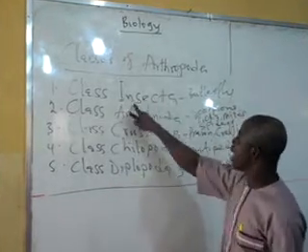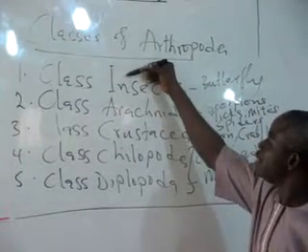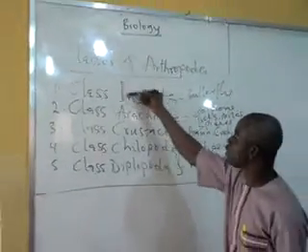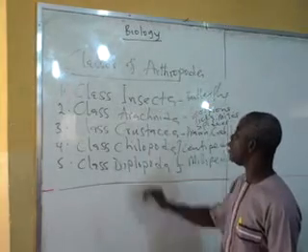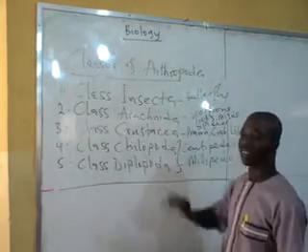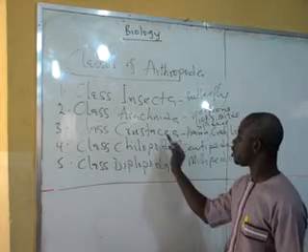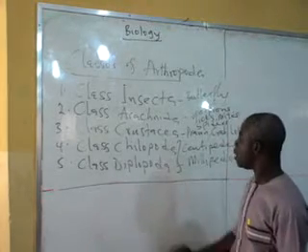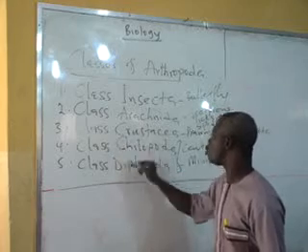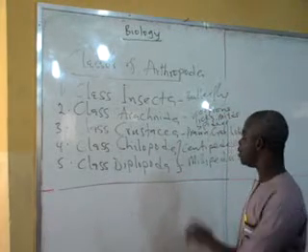Then, when you are writing the classes, the letters of the classes must begin with a capital letter. For example, in Insecta, the first letter must be capital. In Arachnida, the first letter must be capital. In Crustacea, the first letter must be capital. And while you are writing, make sure that your C is seen clearly to be the capital C.